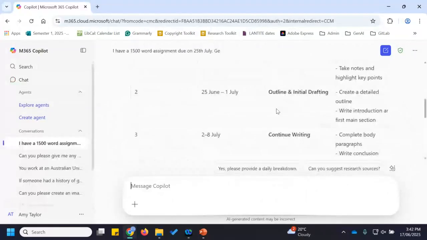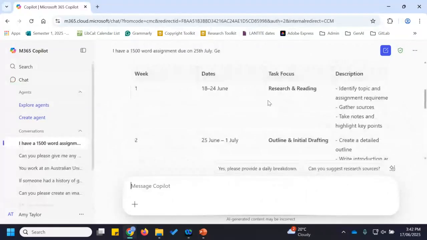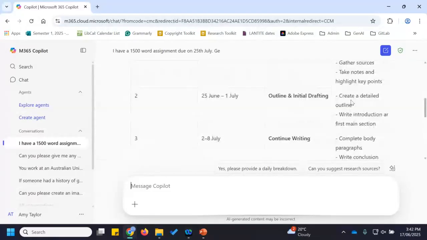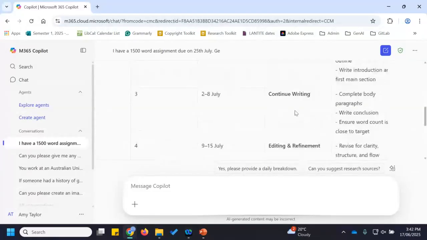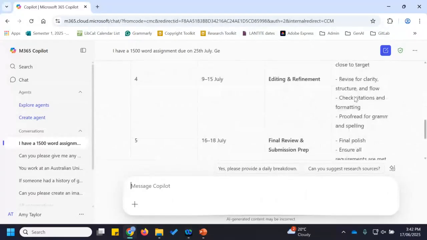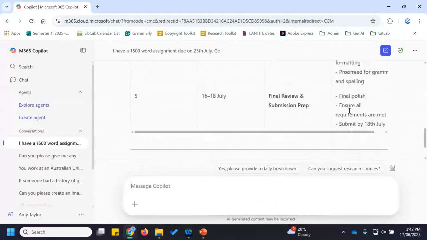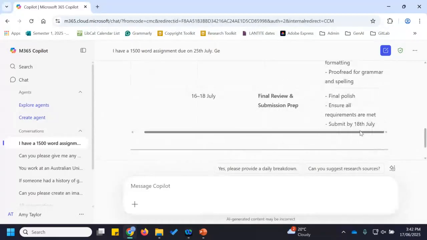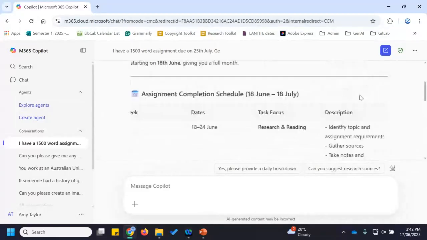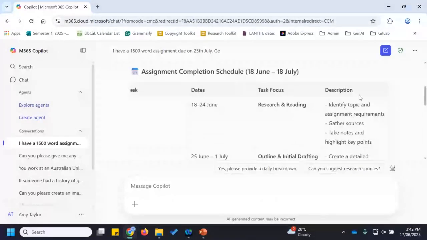So it's given me this table. It's told me, okay, between now and the 24th, you should be researching, reading, maybe identify a topic, gather sources, take notes, outline an initial draft in that first week, or that last week of June, sorry, first week of July, keep writing, edit and refine, and then final review before the 18th, and then you've still got a week. It's not bad, it's not super detailed, but it's a nice starting point.